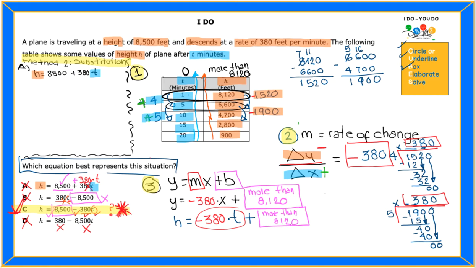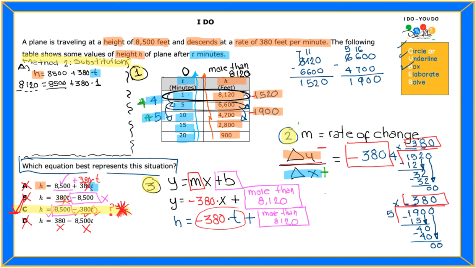So I'm gonna plug in, do substitution of the first value of age, which is 8,120 equals, bring down the 8,500 plus 380 times the 1. And guys, look, this is 8,120. And on the right side, we're gonna add 8,500.